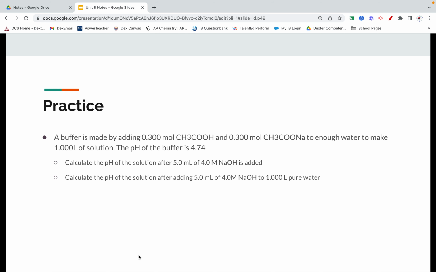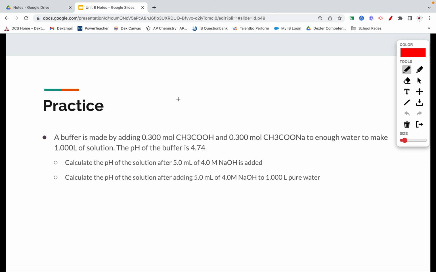All right, so practicing. Let's look at this problem here. A buffer is made by adding 0.3 moles of our acid and 0.3 moles of our base into a 1 liter solution. The pH of the buffer is 4.74.